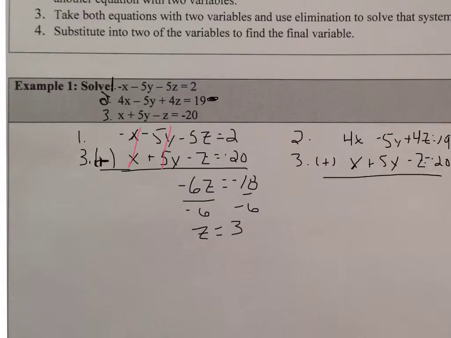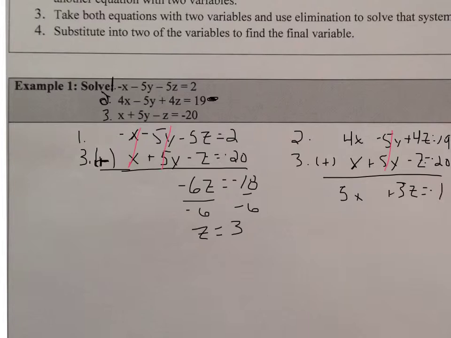When we add them up, we get a 5x. The negative 5y plus 5y cancel out, and we're going to get a plus 3z, because 4z minus z is 3z. We've got 19 and a minus 20, which is going to equal negative 1.